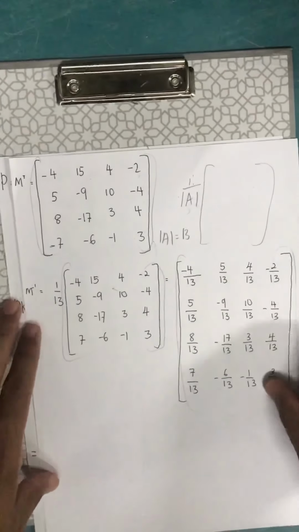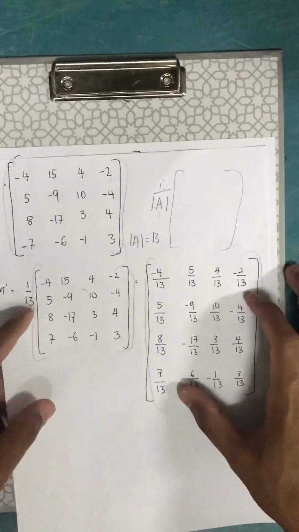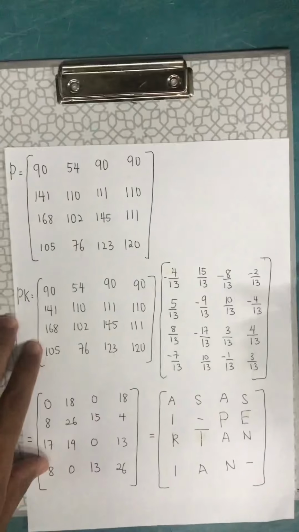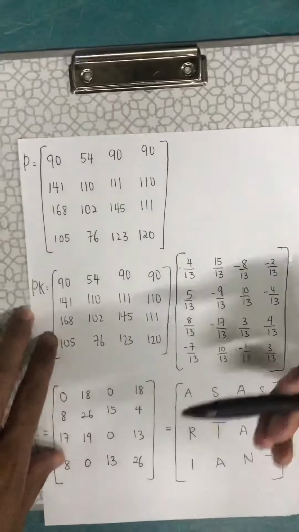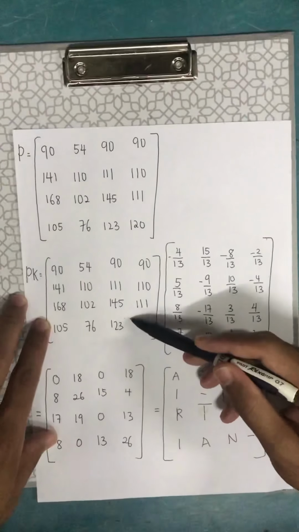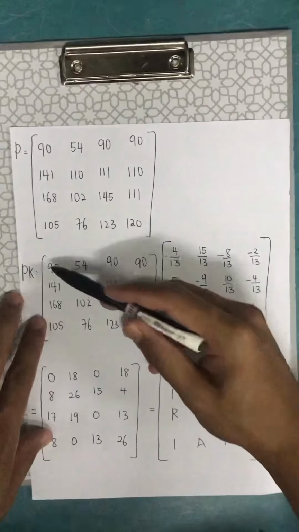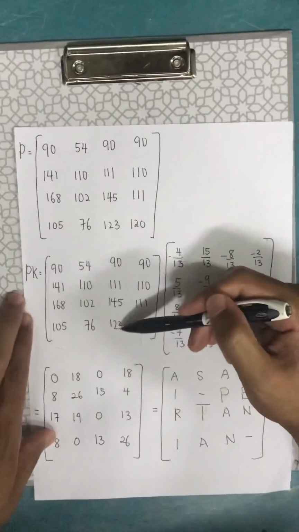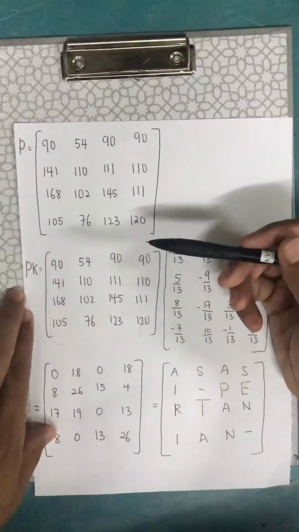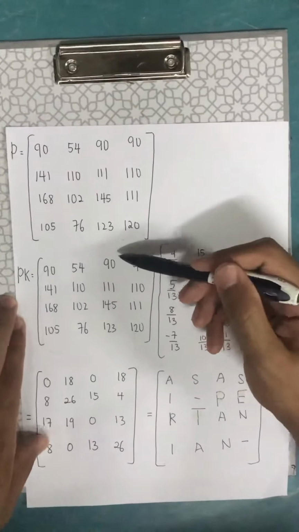After that, this matrix, we have to cross it with the matrix that was given from Along, to identify the secret message.